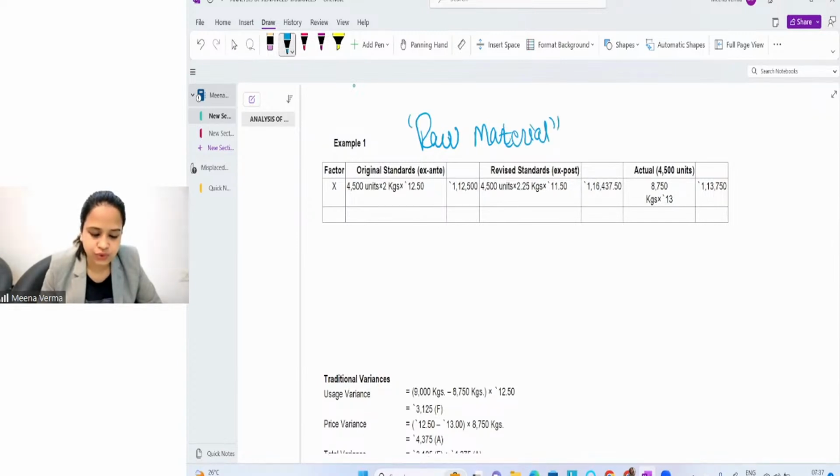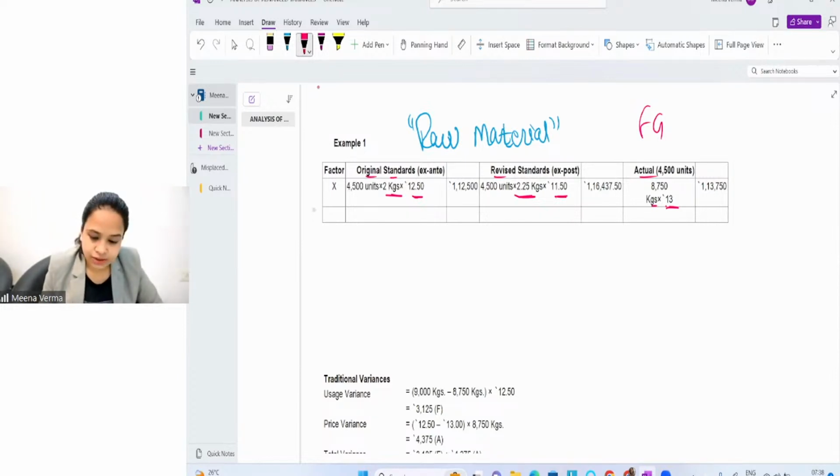What information do you have here? For the raw material, how many standard kg of raw material are required, how many revised standard kg are required, and how many kg of actual raw material are consumed for the final goods. Then the original price, the revised price, and the actual price are there. So we have all these things.